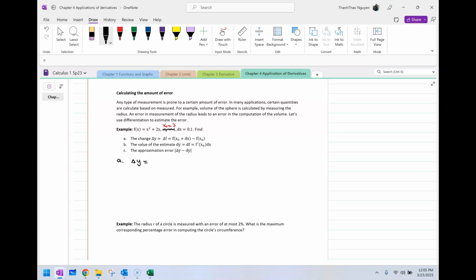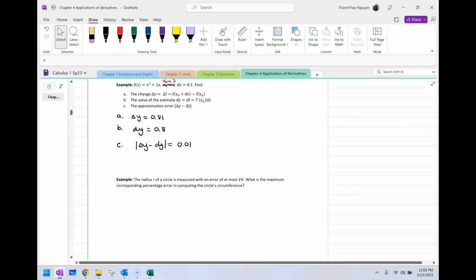Delta y equals 0.81. Part B, dy is equal to 0.8. The approximation error is the absolute value of delta y minus dy. That is 0.01 in this case.